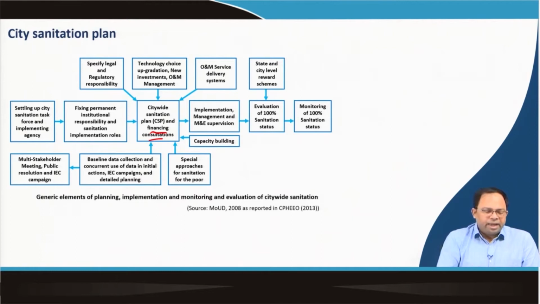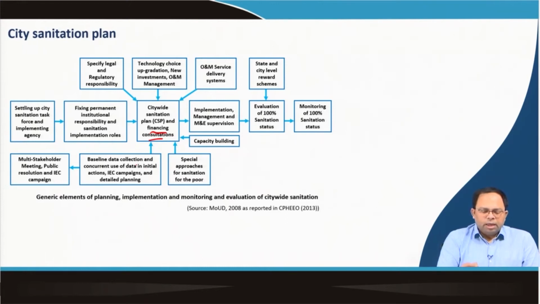And then we can have multi-stakeholder meetings, public resolution and IEC campaigns. Based on that, we can also look into baseline data collection and concurrent use of data in initial action, IEC campaigns and detailed planning. So, we can collect baseline data and then deliberate on it, and talk about what the existing situation is, what needs to be improved and so on.